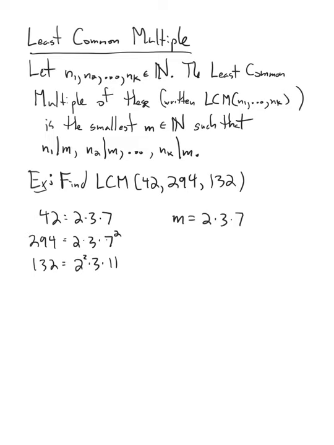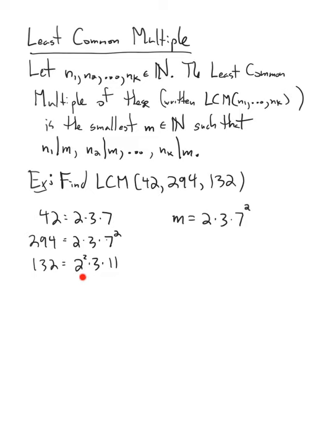Okay, but it also needs to be a multiple of 294. So it needs to have a 2, a 3, and a 7 squared in there, or two 7's. So we need 7 squared. We need an extra 7 in there so far.